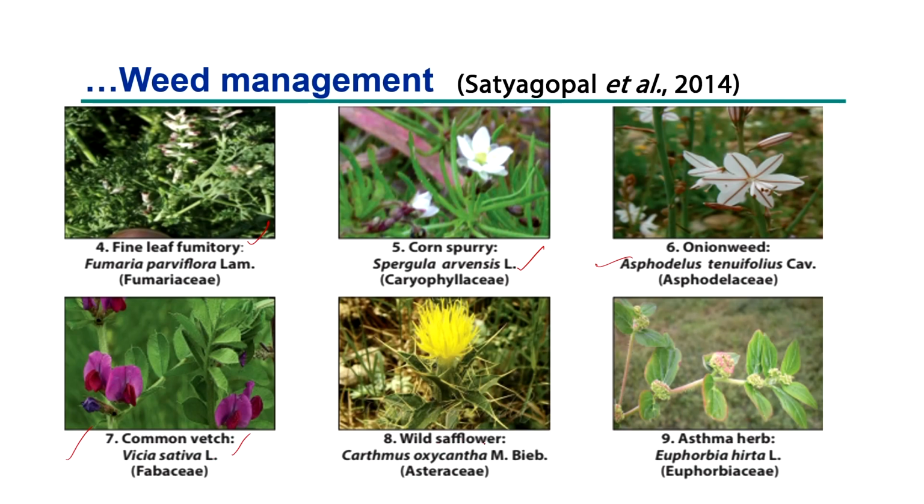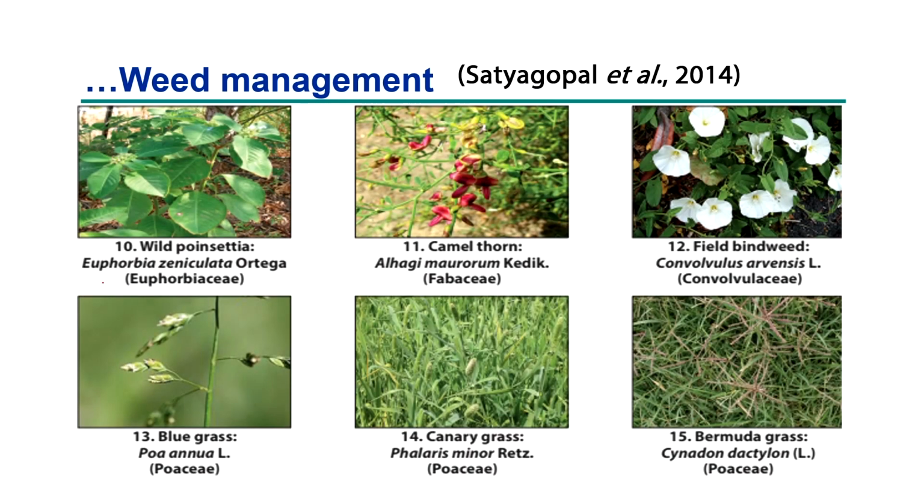Then in the center you see wild safflower, Carthamus oxyacantha. And then asthma herb, which is Euphorbia hirta, belonging to family Euphorbiaceae, this particular picture. Next you can see Euphorbia geniculata, which is wild poinsettia, this one.